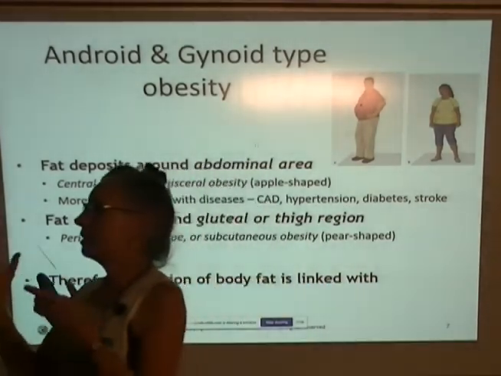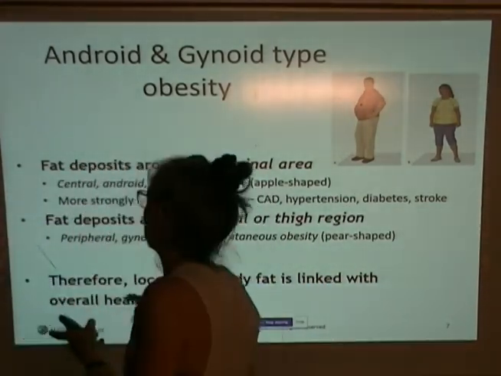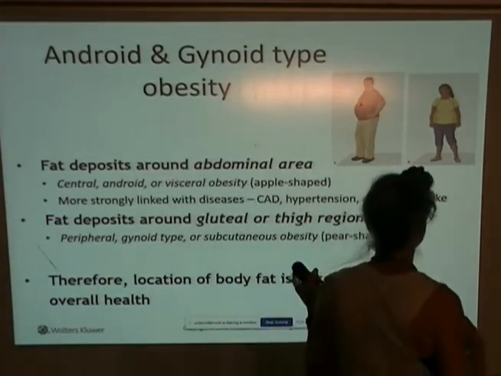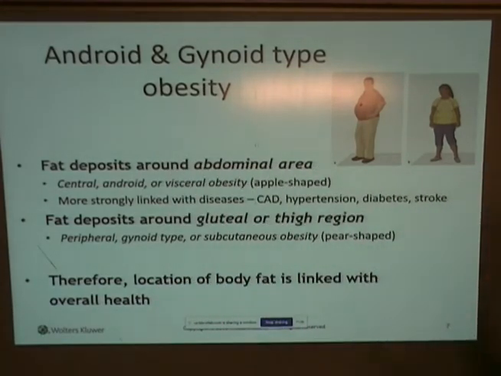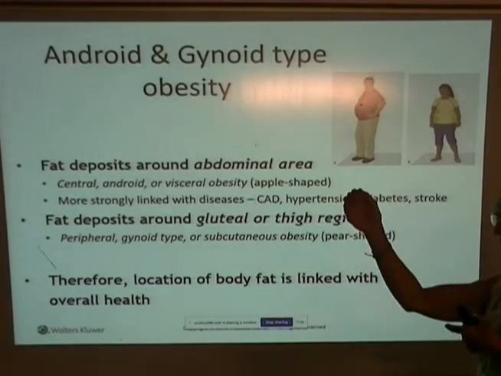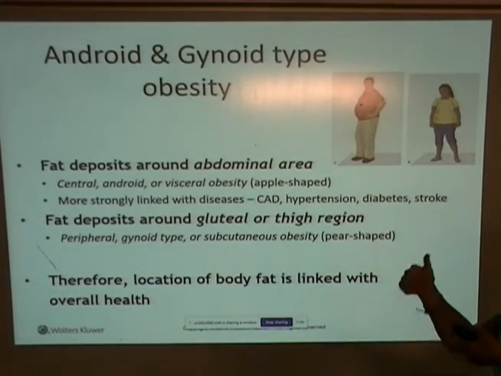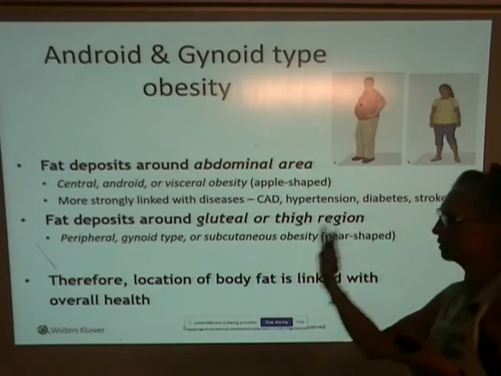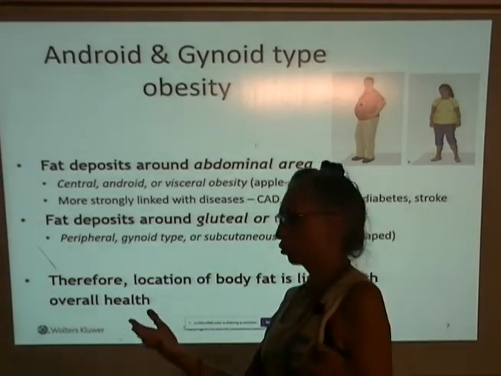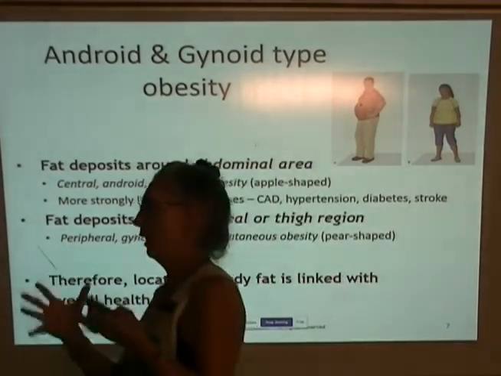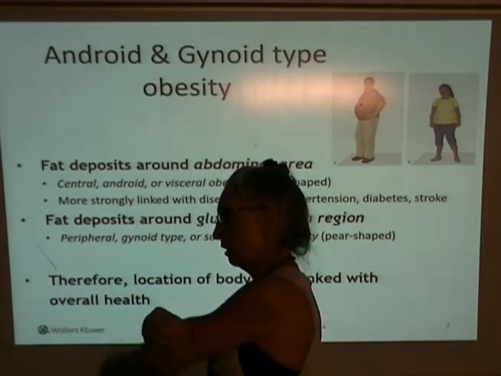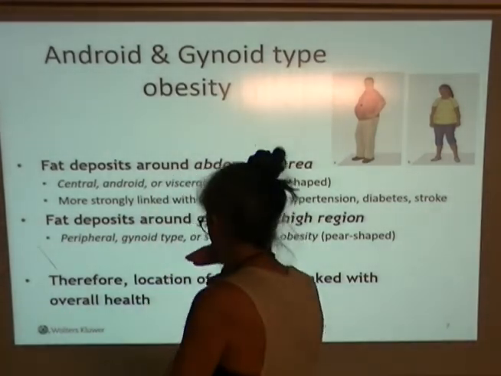And that distinction is important because visceral fat has been much more tightly linked to disease development. So coronary artery disease, type 2 diabetes, hypertension, strokes, much more linked to this visceral fat than subcutaneous fat.